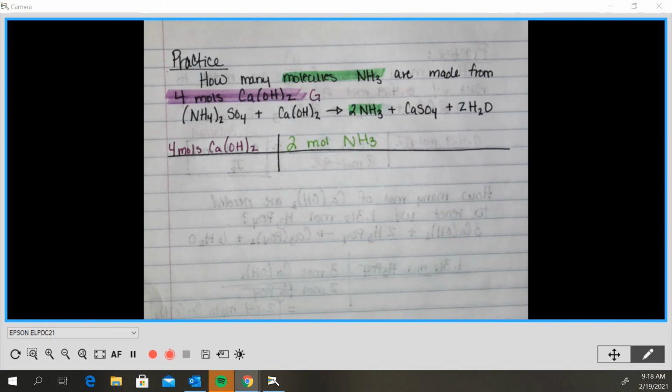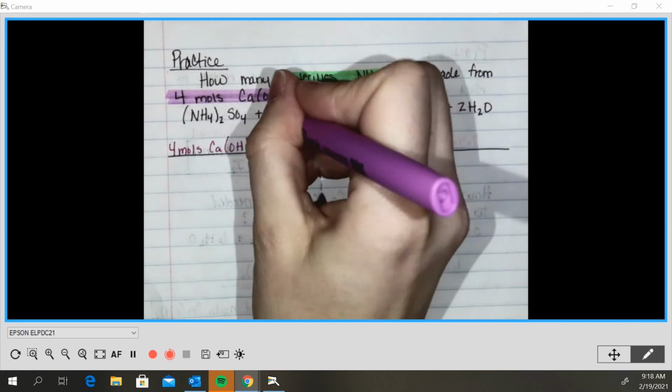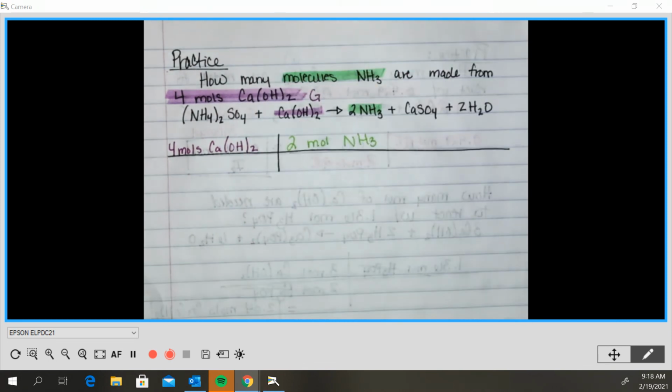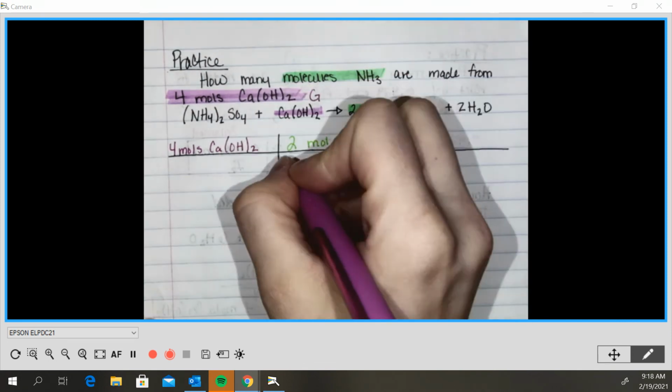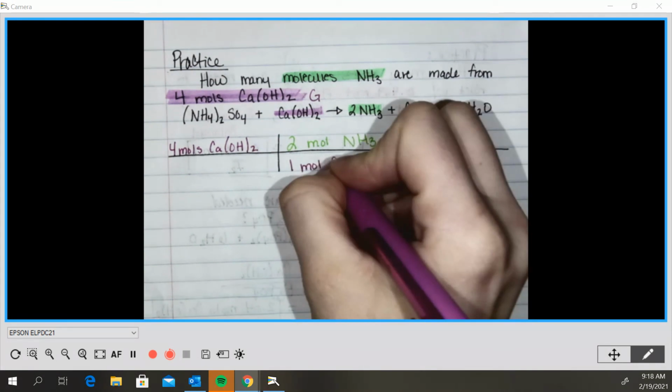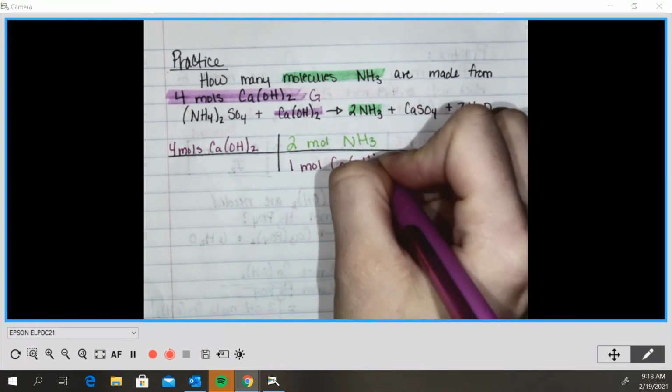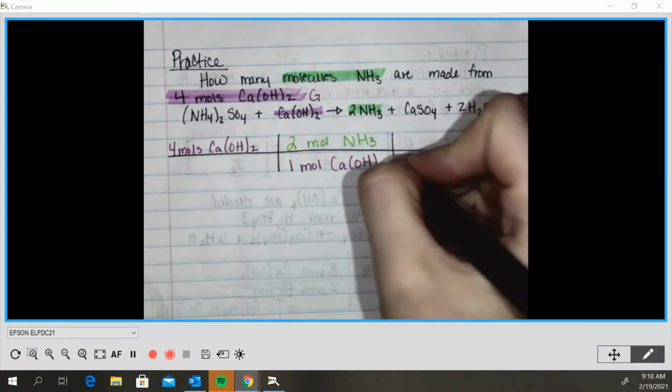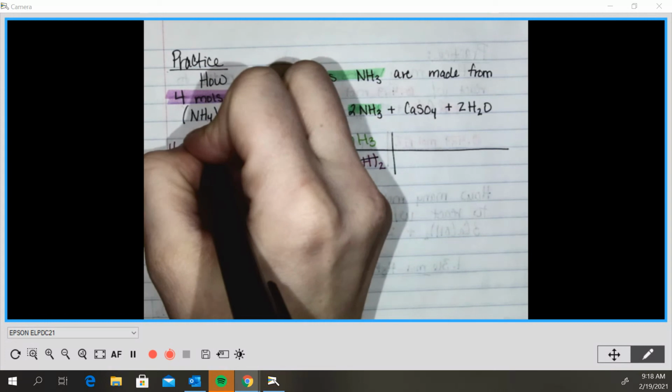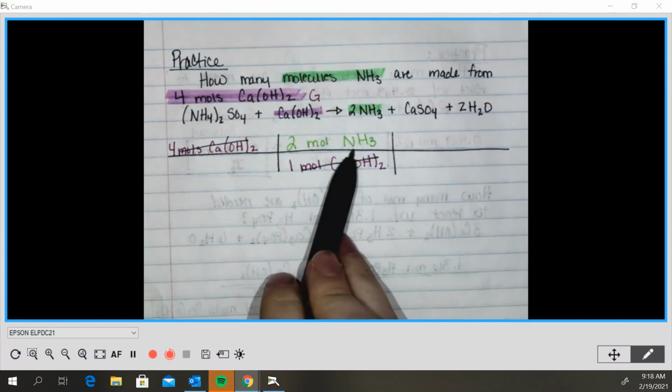David. The 1 mole of CaOH2. Very good. So our moles of our given, our coefficient for that is 1. So we're going to write 1 mole of CaOH2.